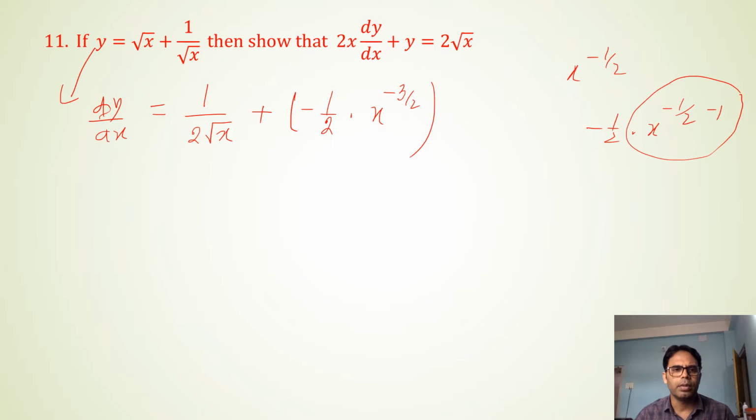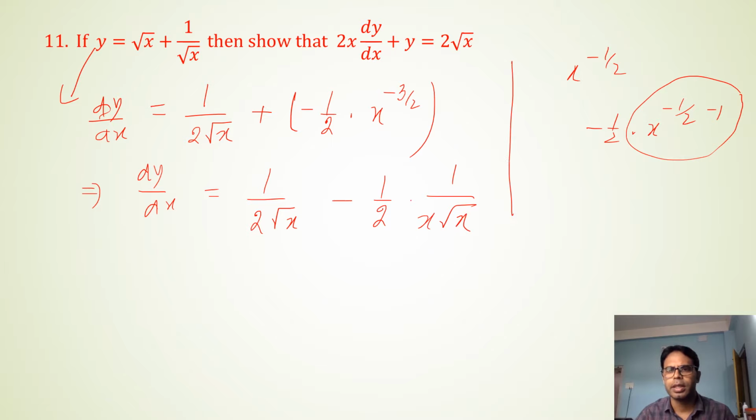And then you see we can write dy/dx is already in the left hand side, 1 by 2 root x is already here, minus it is again 1 by 2, and this term can be written as 1 by x root x. You see here how it is 1 by x root x.